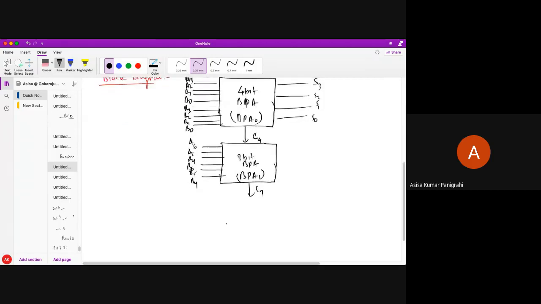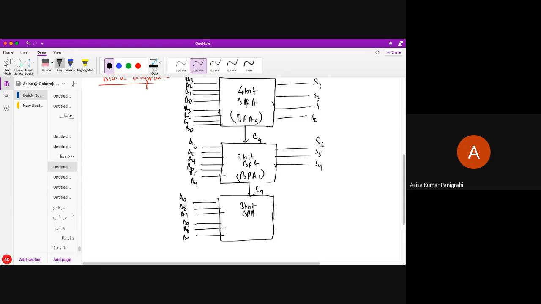Okay, next it will go to again this 3-bit BPA. It generates a sum of 3 bits S6, S5, S4. Then it again takes 3-bit A and 3-bit B, which are A9, A8, A7 and B9, B8, B7, and it's again a 3-bit BPA, and the name I have given is BPA2.